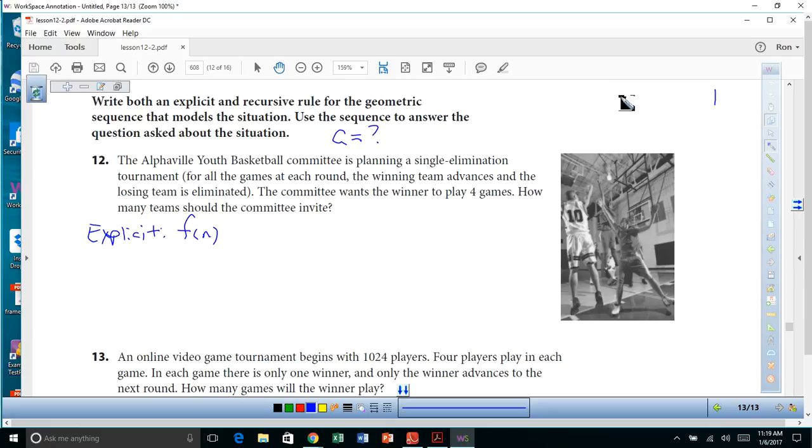You got the winner of the tournament. And then that's going to be based off of two teams here and two teams there, right? And that will be based off of two teams and two teams and two teams and two teams. So 1, 2, 3, got to go one more.